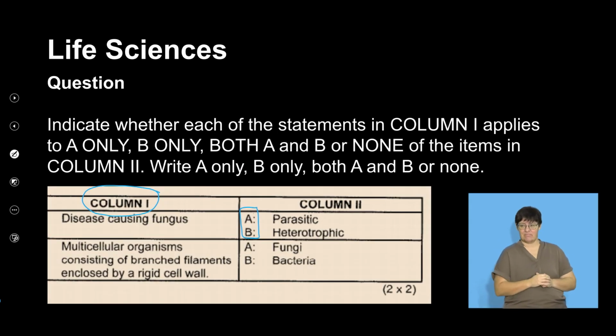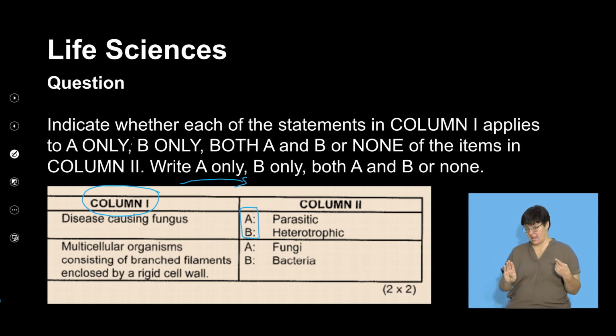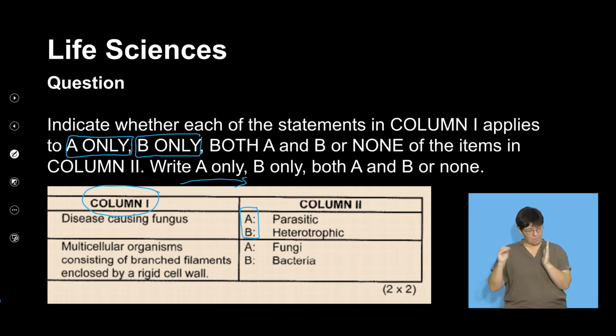Now, what you need to do is the following. The A and the B, right, so we go to the diagram. We go to this statement, right, is A correct? Is B correct? So if A is correct, you write only A. If statement B is correct, you write B only.